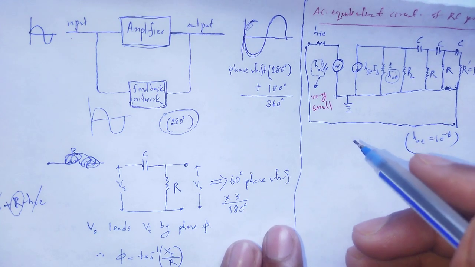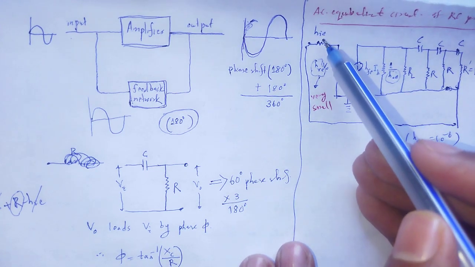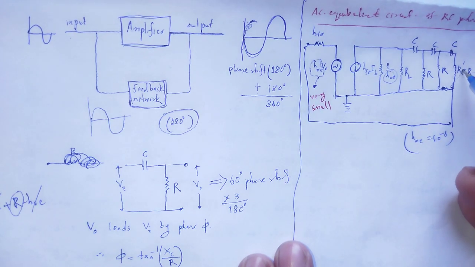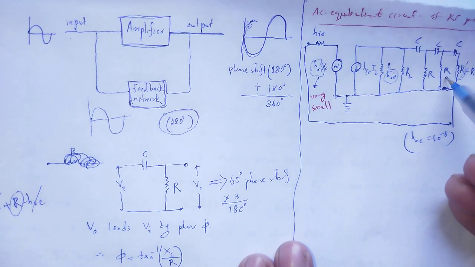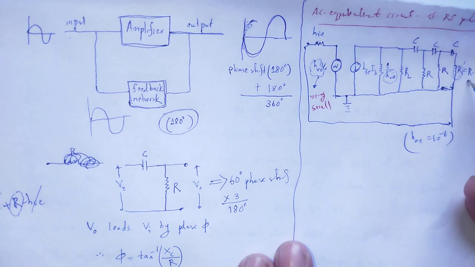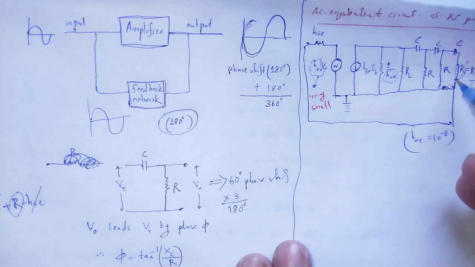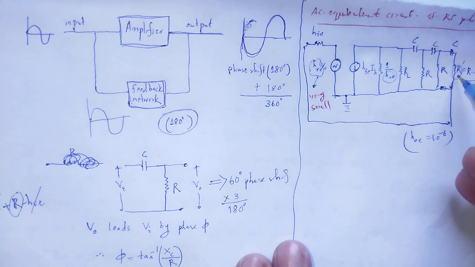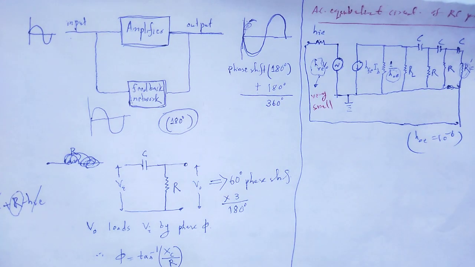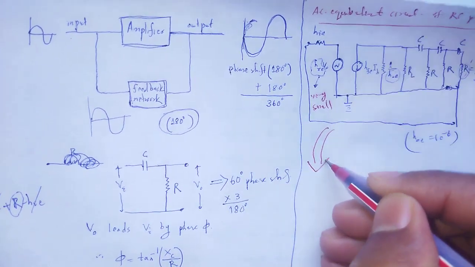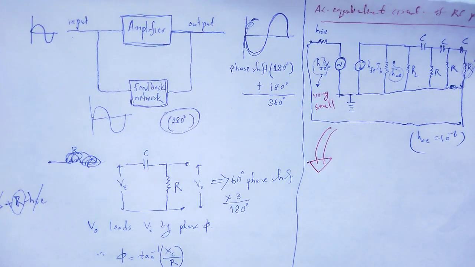Now HIE is added to the resistance R dash, R minus HIE plus HIE, so we have R dash equal to R. Now the equivalent circuit is changed.